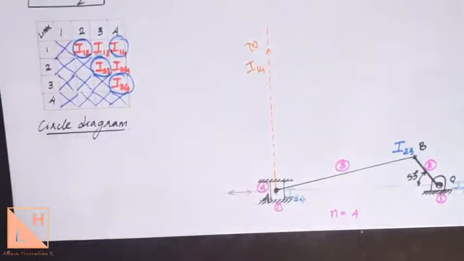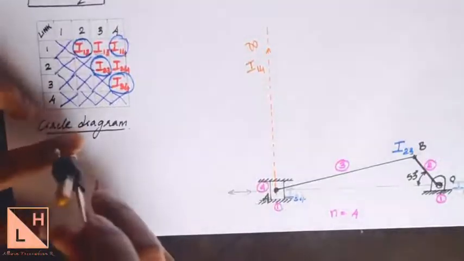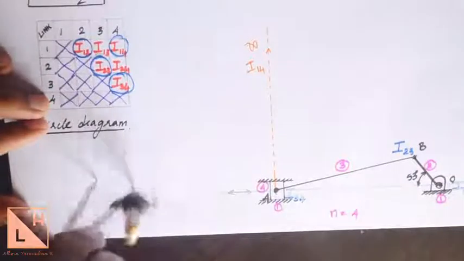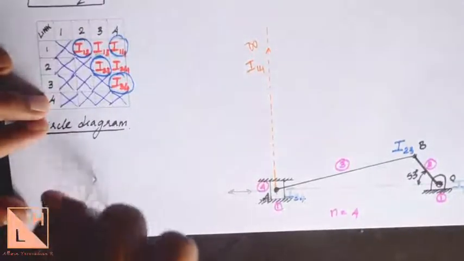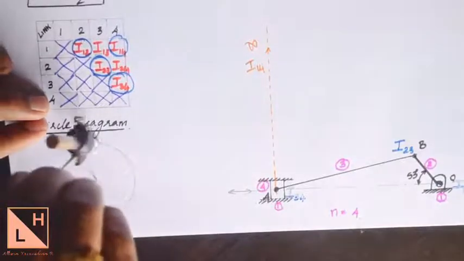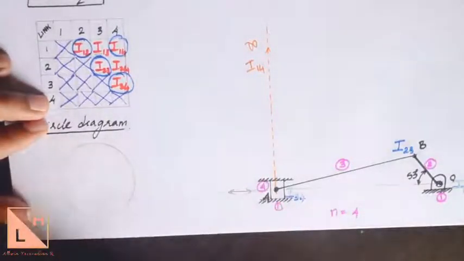You can draw a circle for the circle diagram of any radius, it's of your choice, but depending on how many links you have, you draw the circle that much clear. I repeat, the radius is not of concern, you simply draw a circle.